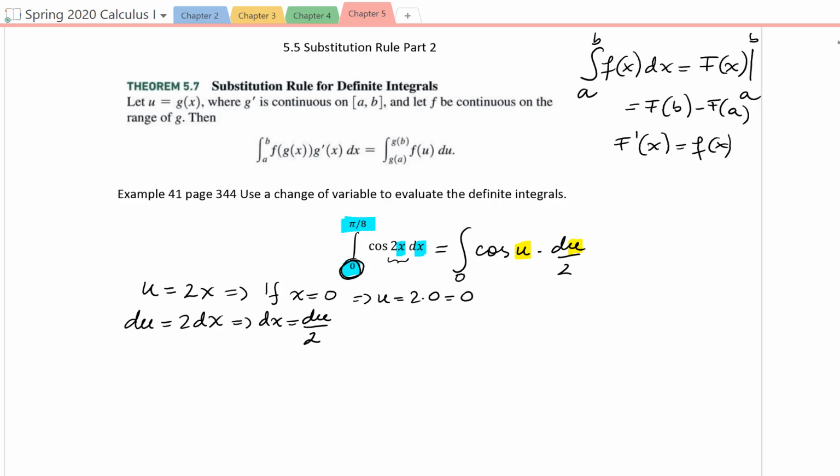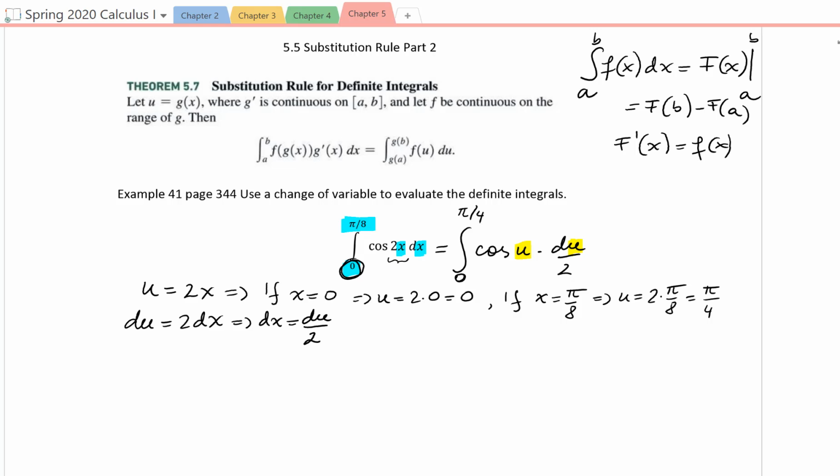So the bottom limit is 0. If x equals pi over 8, u equals 2 times pi over 8, which is pi over 4. So the integration now is from 0 to pi over 4.